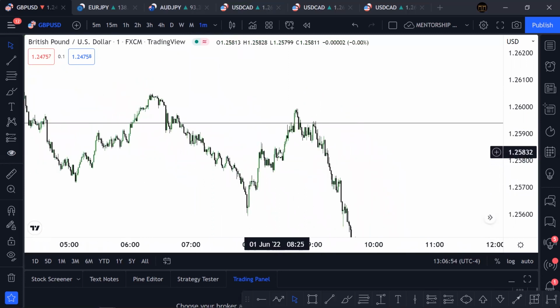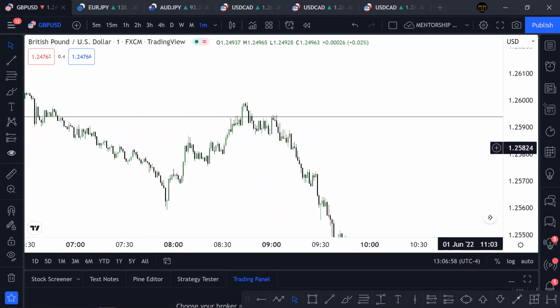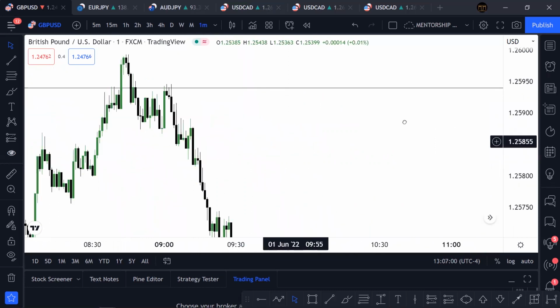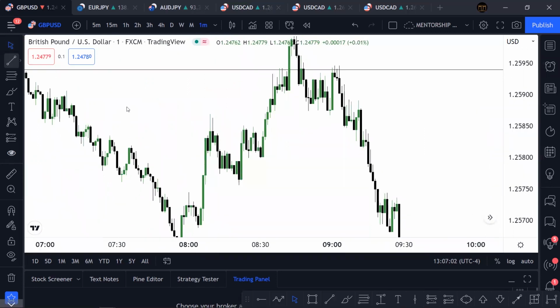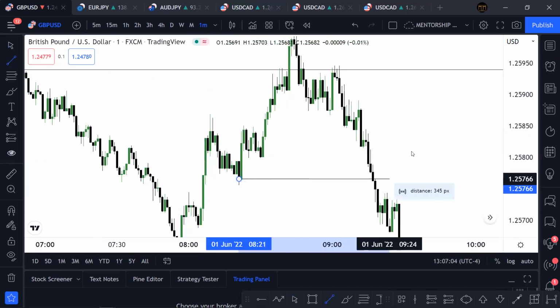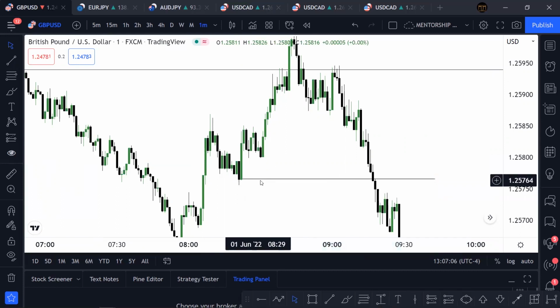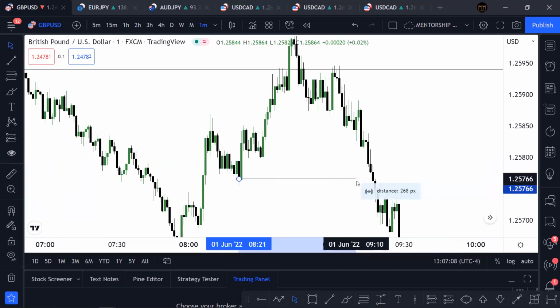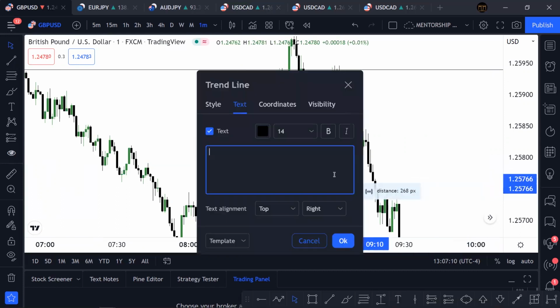This green candle, then this black candle. Here, the open price. NYT 8:30 a.m.